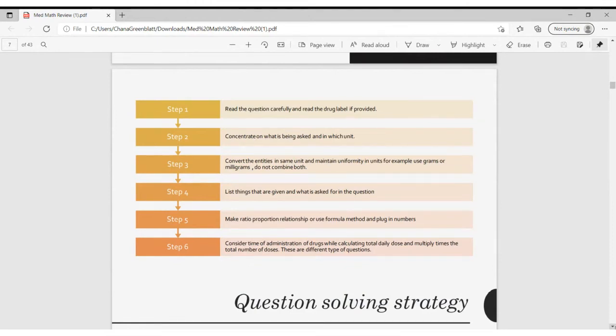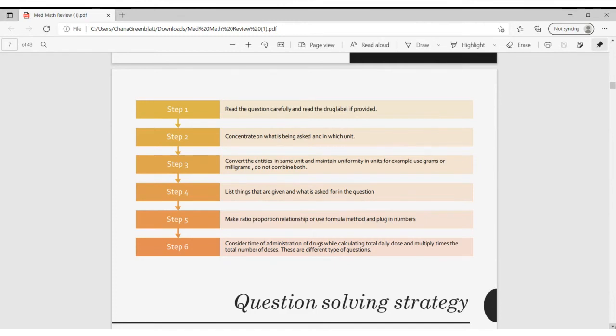So just being able to read the question first and then read the drug label as appropriate, really taking the time to think about what is being asked and what is the final unit for what you're searching for. The question might start off in grams, but the professor might be wanting you to answer the question in milligrams. So being able to then multiply that all by 1,000 in order to end up with the proper unit.